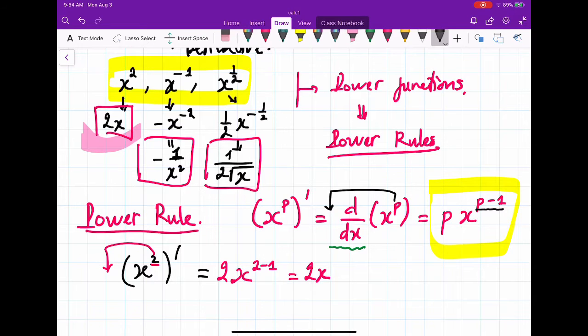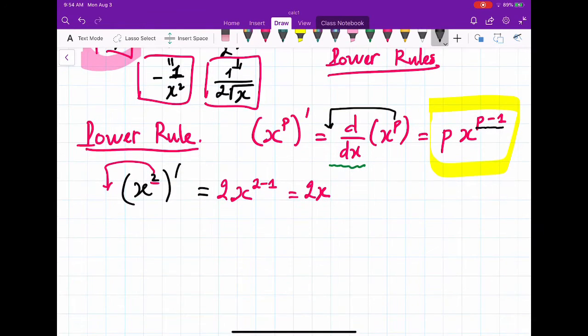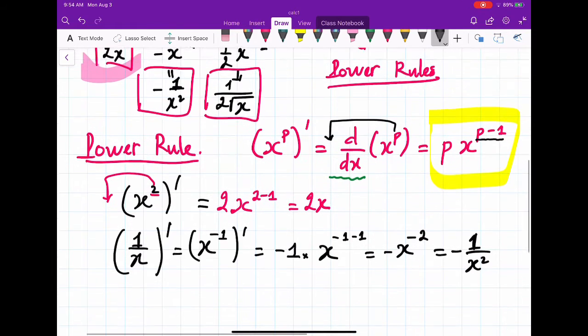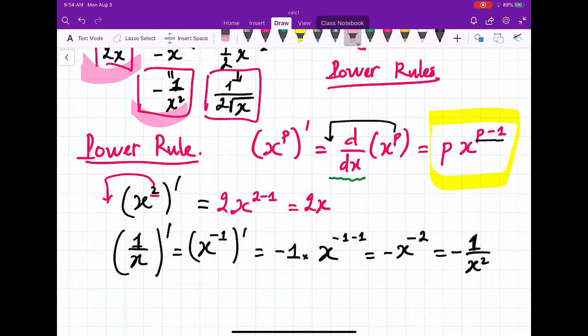All right, let's talk about 1 over x. 1 over x is x to negative 1. Don't forget that. Sometimes we need to convert to power form. You take the power down, which is negative 1, and then you reduce the power by 1. You get negative x to negative 2, and that is negative 1 over x squared. You see? That's what we have here.